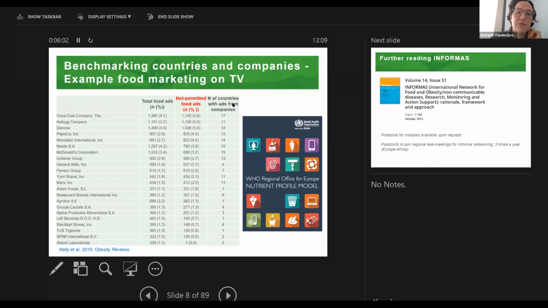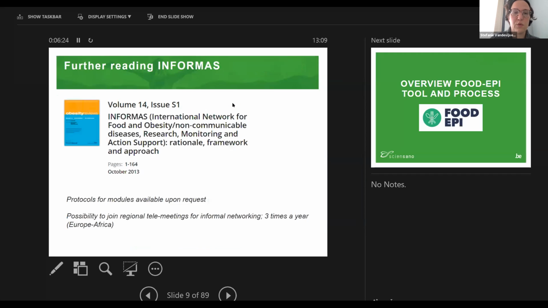Similarly, we can also look at how different companies contribute to unhealthy food advertising across countries. That's just an example. There are other examples, but it depends on the modules and how many countries have data available for those.